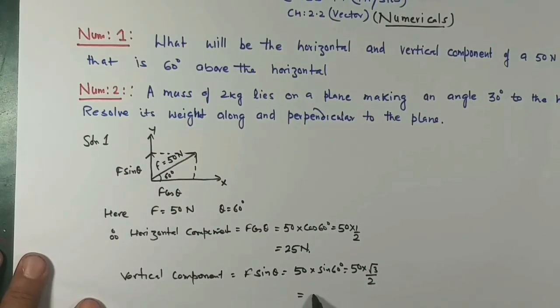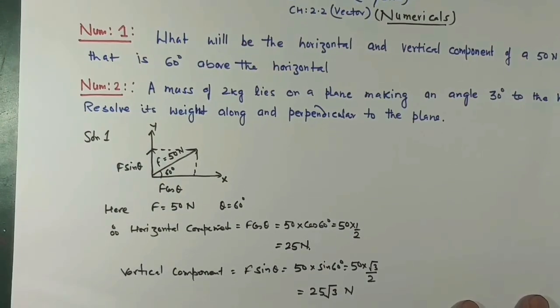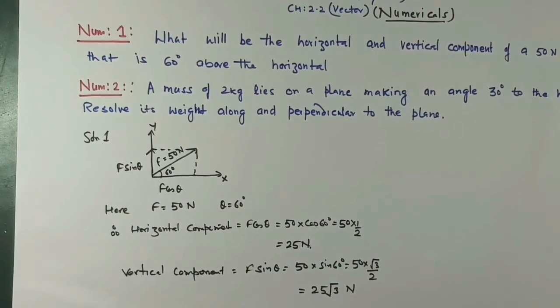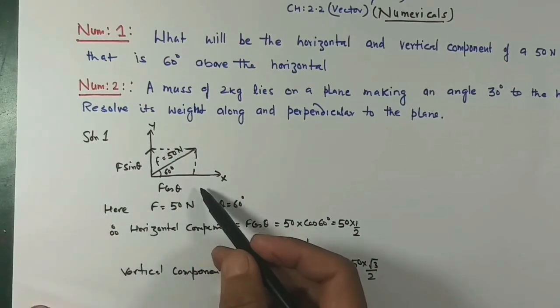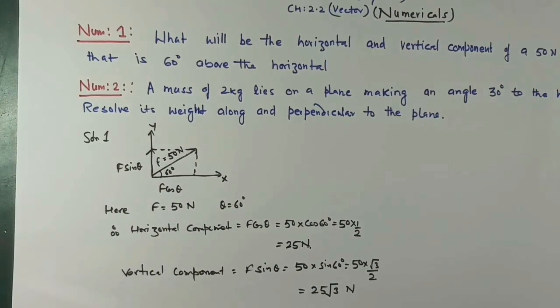So it comes out to be 25 root 3 Newton. Clear? So it's a very simple numerical. You just have to know the formulas of horizontal and vertical component. Along horizontal direction it is F cos of angle theta, and vertical it is F sin theta.